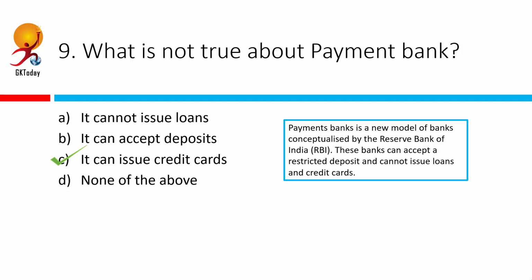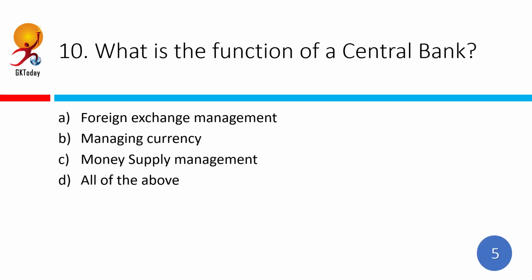Payment banks may issue ATM and debit card and offer net banking and mobile banking. The banks will be licensed as Payments Bank under Section 22 of the Banking Regulation Act of 1949, and they will be registered as Public Limited Company under the Companies Act of 2013. Currently, there are 6 payment banks. If you can name all those 6, don't forget to write the names in the comment.